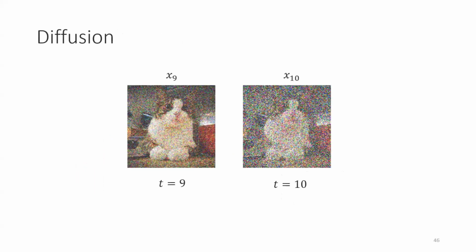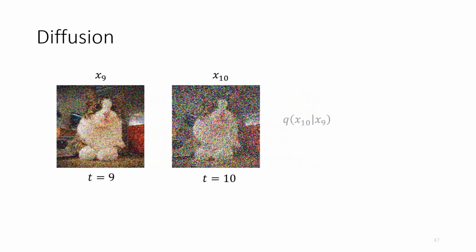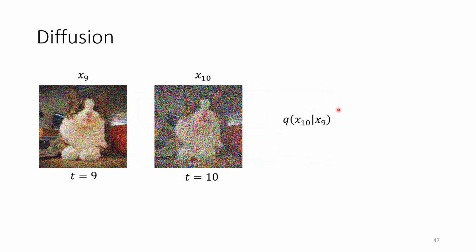Moving forward, let's get this into more context. In a normal diffusion, let's say at time step 9 and time step 10 we have two samples. We have a transition probability Q(x10 given x9). Again, as a reminder, this is the standard diffusion process, and it means the 10th step image x10 is a sample of this distribution.